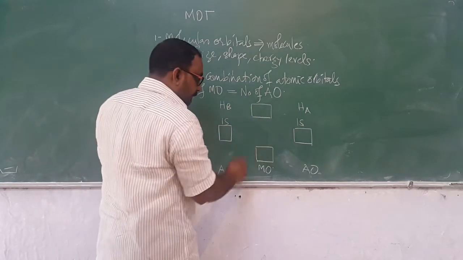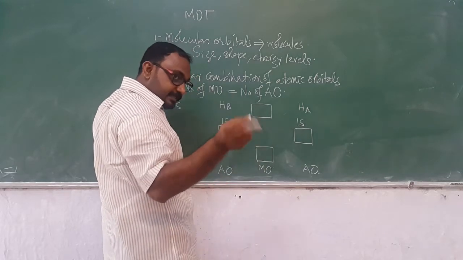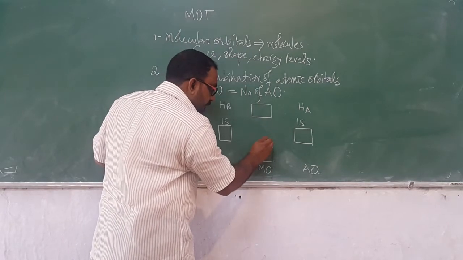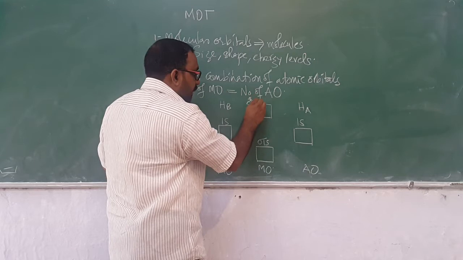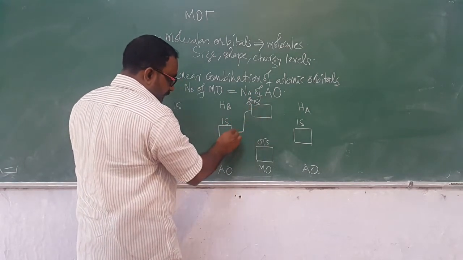When 1s and 1s join together, the same number of molecular orbitals will be formed. They are named sigma 1s and sigma star 1s. This is how it is represented.